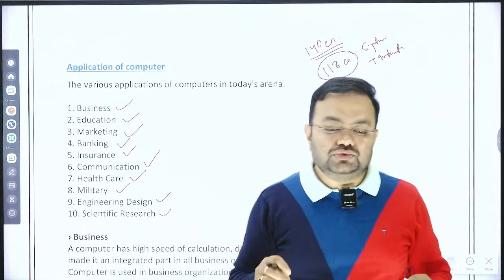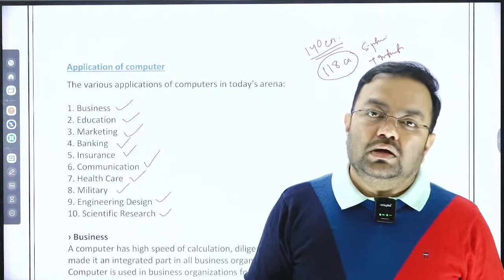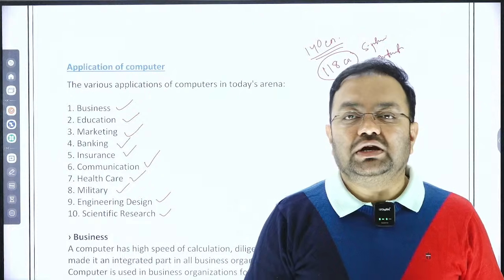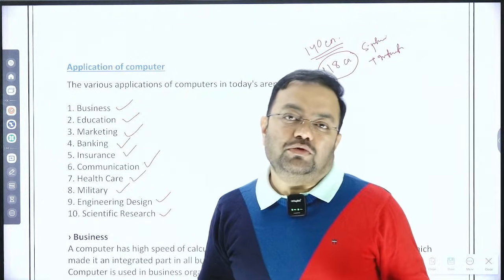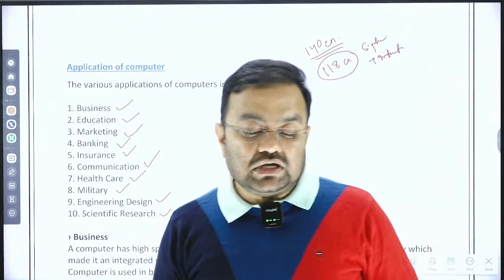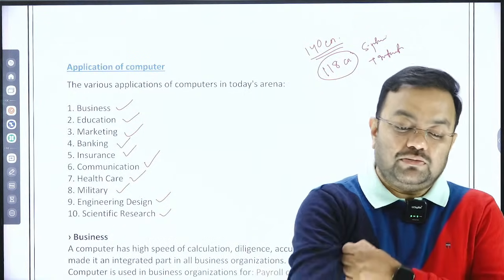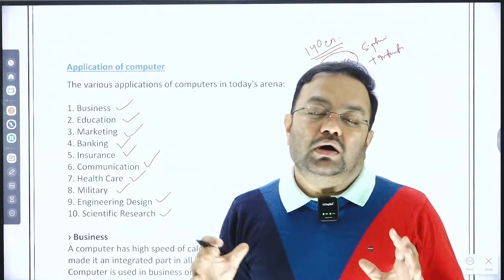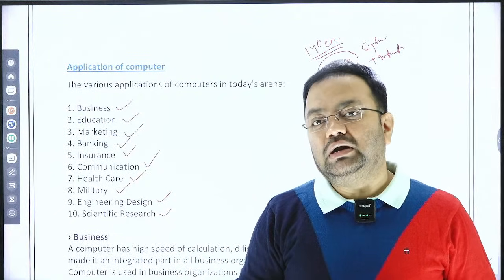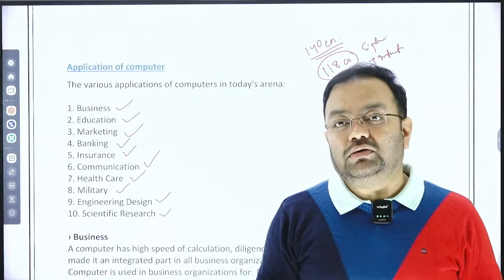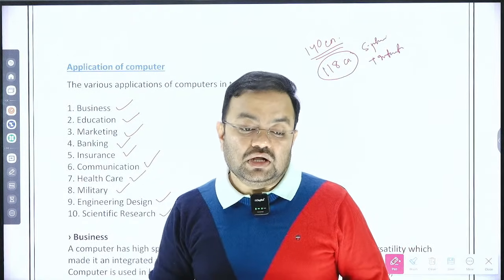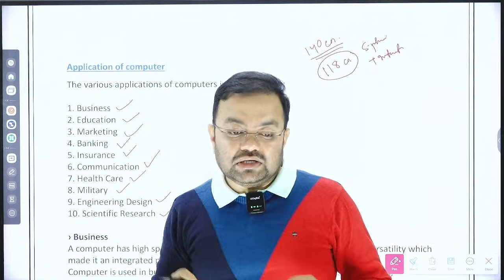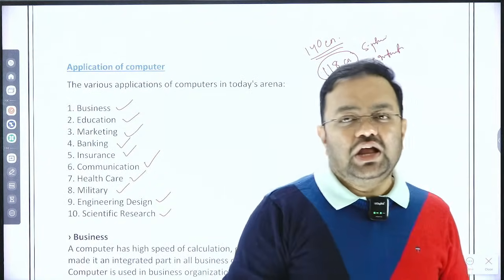So if you choose any field, the computer system is connected to perform the multitasking functionality, even with complex types of work. Whether it is scientific research, the engineering approach, healthcare or medical systems, the communications department like telecommunications, banking and financial institutions, the IT sector, management sector, educational sector, business, everywhere.